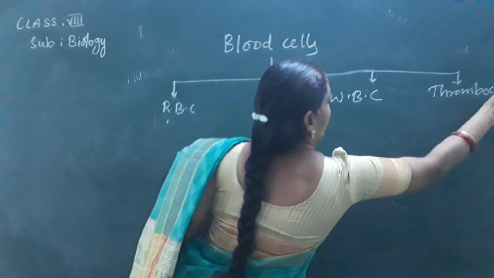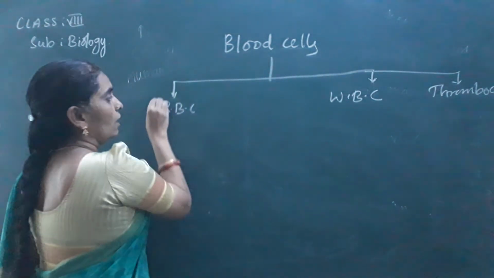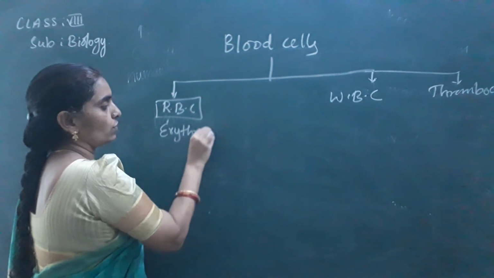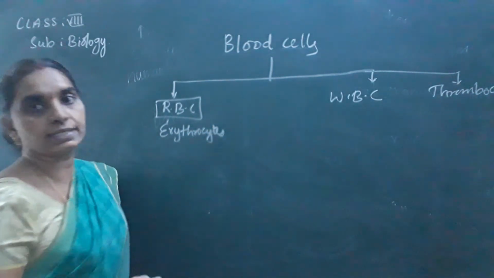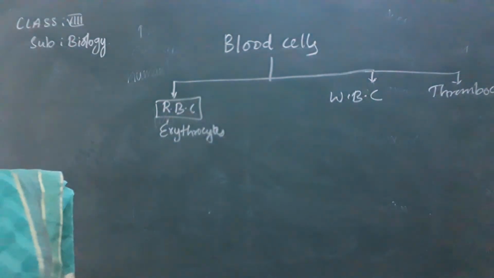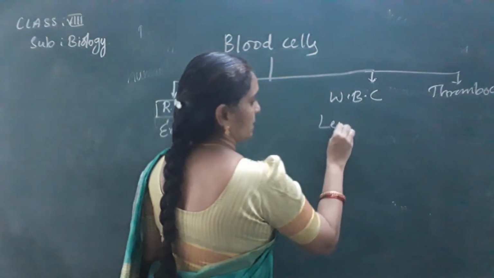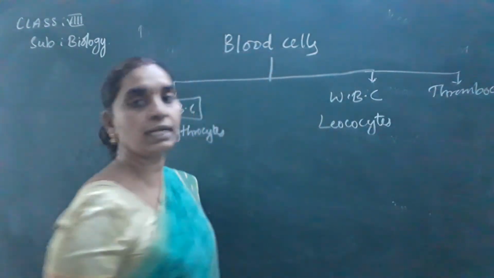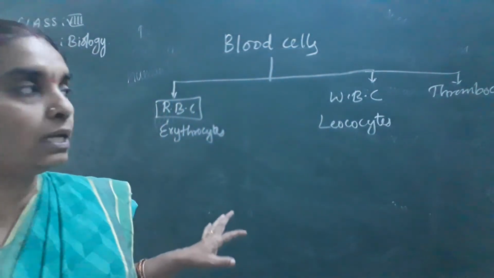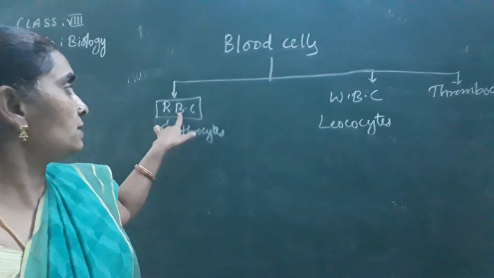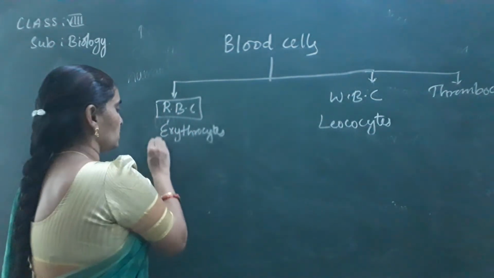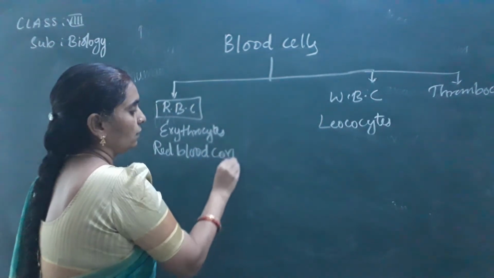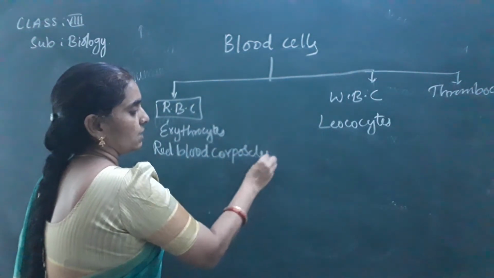RBC are also called erythrocytes. WBC are also called leukocytes. And the third one is thrombocytes. RBC are called red blood corpuscles.